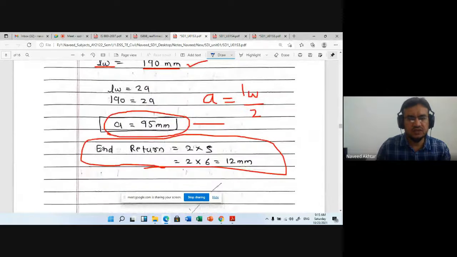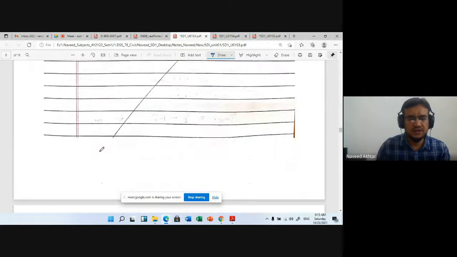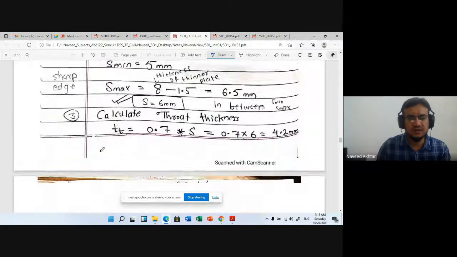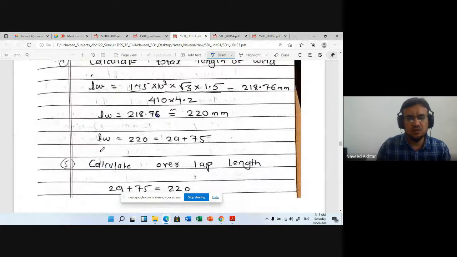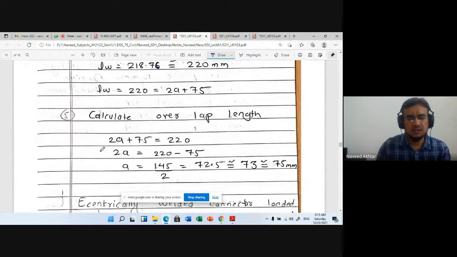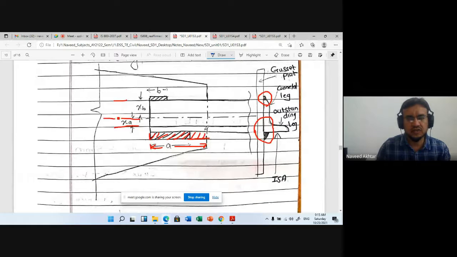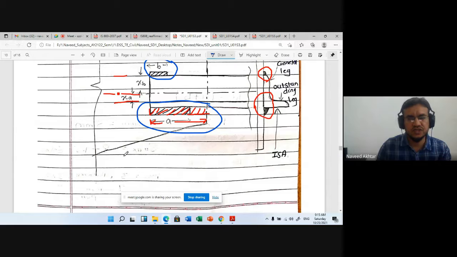And you have to find out the length of weld if there is eccentric loading. If there is an angle section, then the CG will not be at the center, so the force is not equal at both ends. So the length of weld will be nothing but A plus B. You have to find out based on the axis if there is no eccentricity.